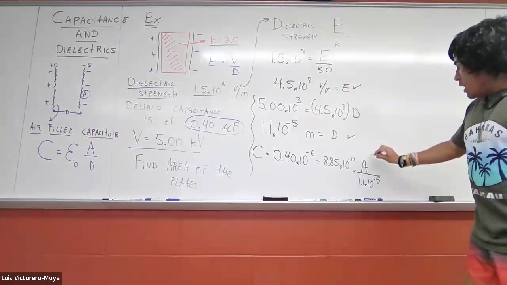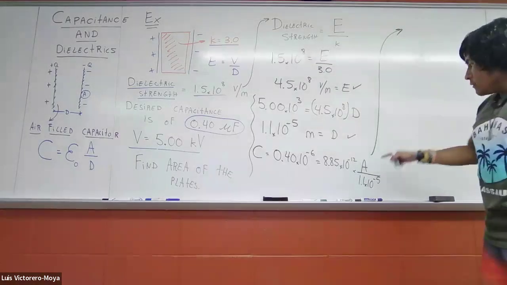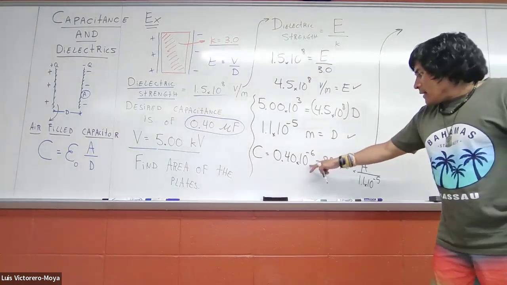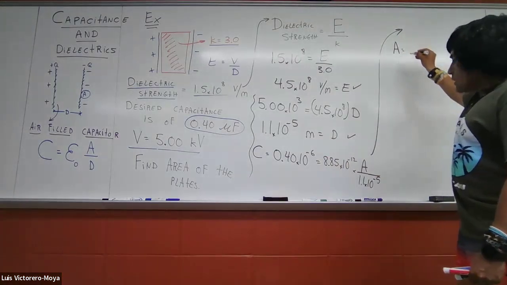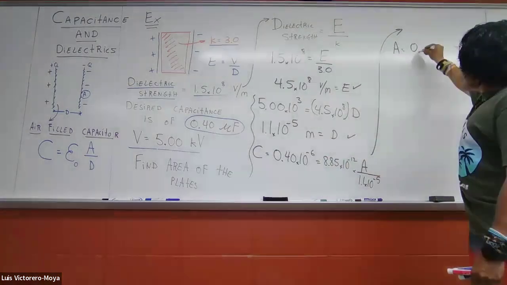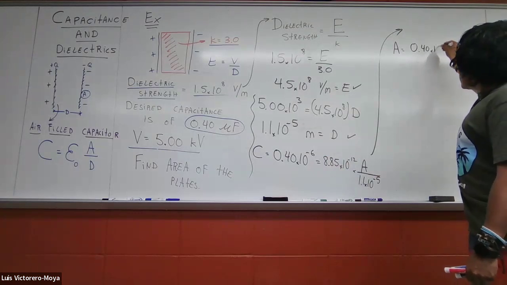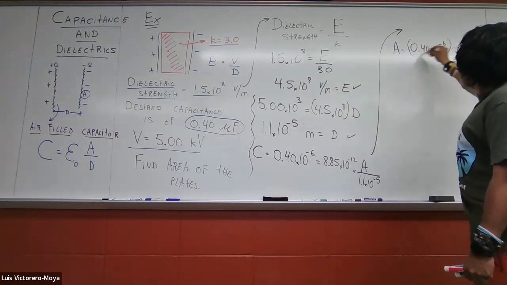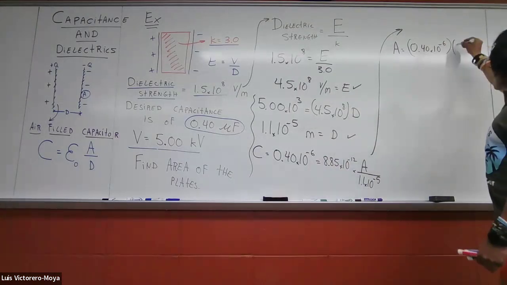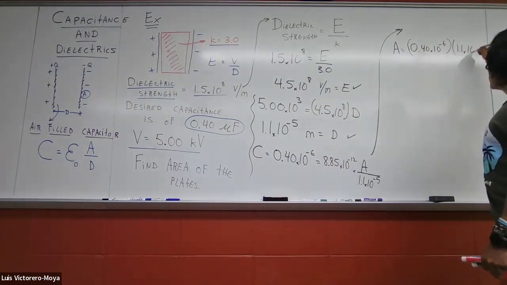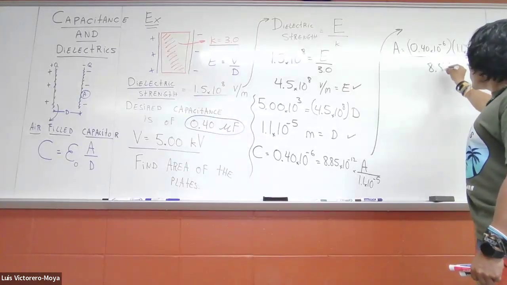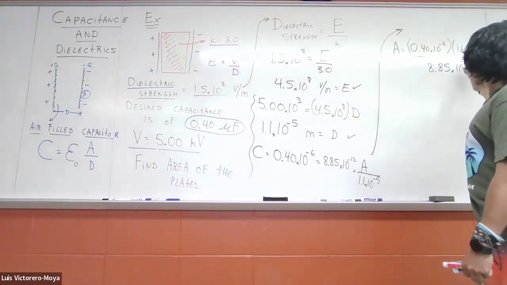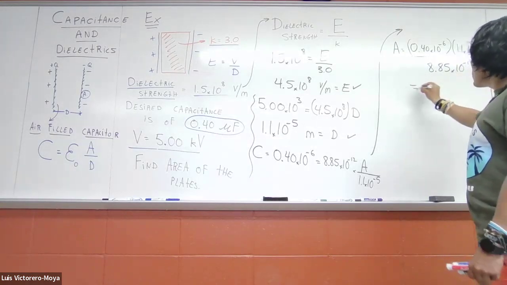So there is the area. So that times that divided by that. So the area is 0.40 times 10 to the negative 6 multiplied by 1.1 times 10 to the negative 5 divided by 8.85 times 10 to the negative 12.